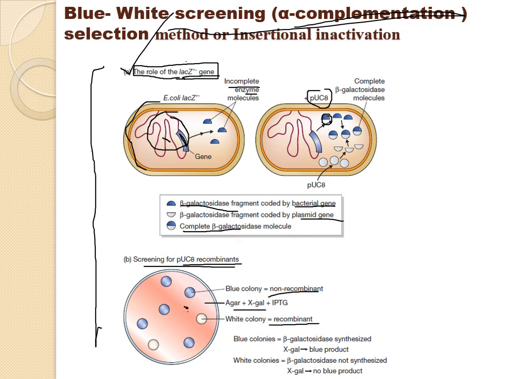X-gal is the galactosidase substrate, in a medium of agar plus X-gal plus IPTG. I will explain all of the full forms in upcoming slides, which cover the entire process of lacZ and everything. For now, just remember it has this medium, agar plus X-gal plus IPTG, and in this the blue colonies represent the non-recombinant ones, whereas the white colonies represent the recombinant ones. The blue colonies synthesize galactosidase, whereas the white colonies do not.